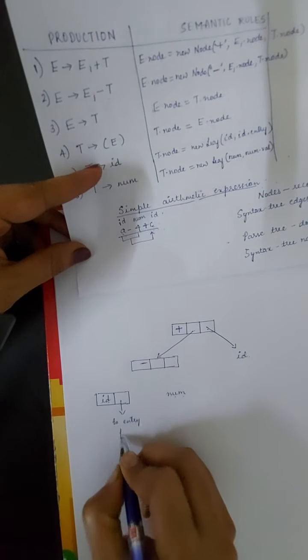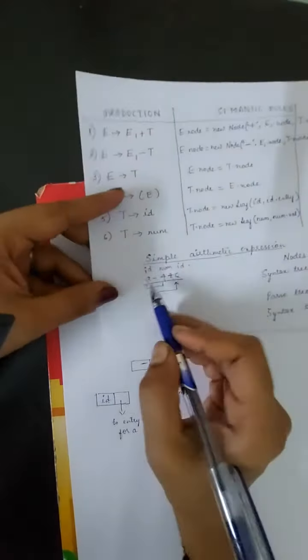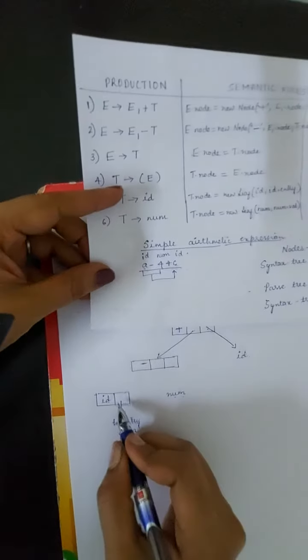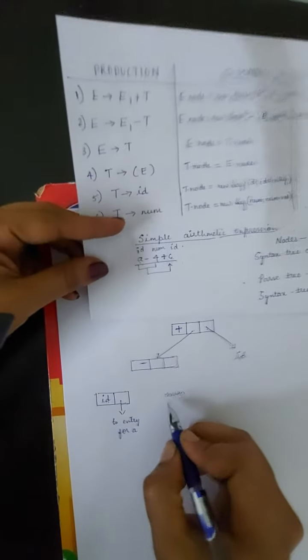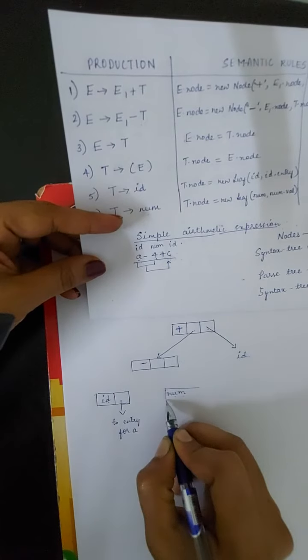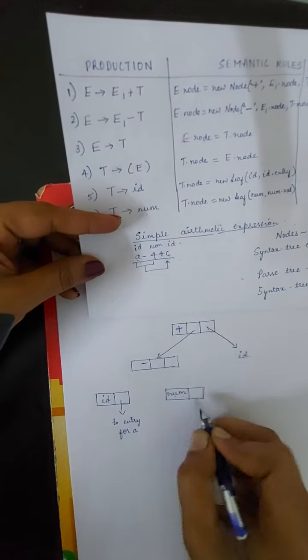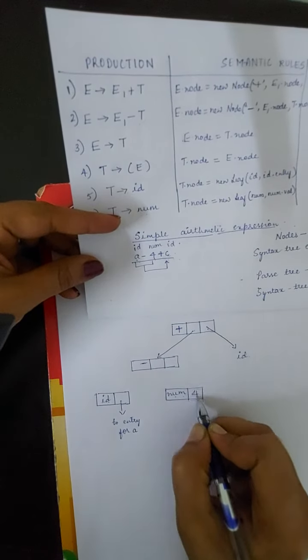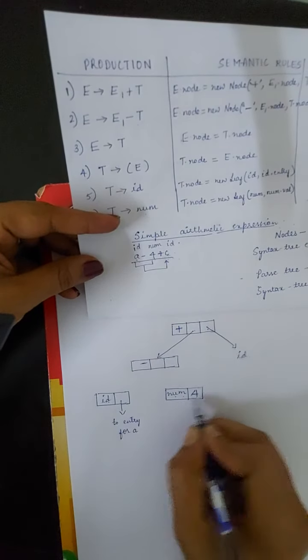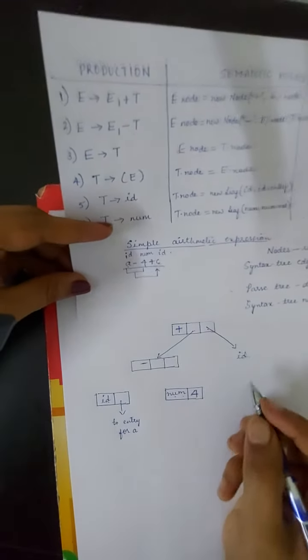So what is it? It is the entry for this A, this identifier A. So that is stored over here, and this num also is represented in the form of an object where the first field is num followed by 4. Okay, so 4 is the token that is being sent.